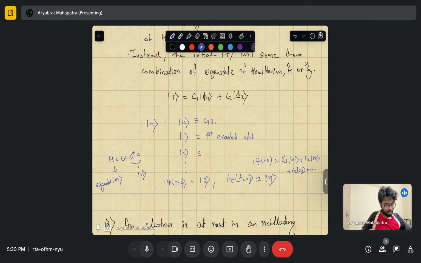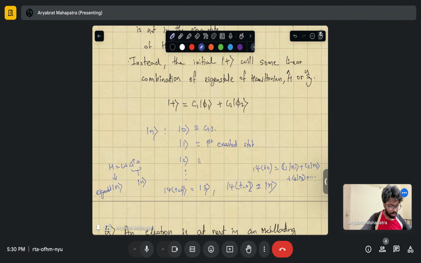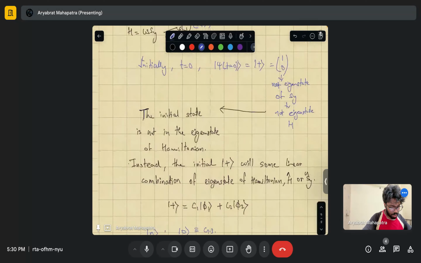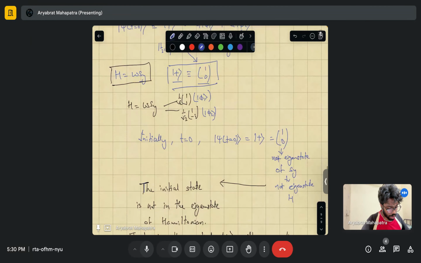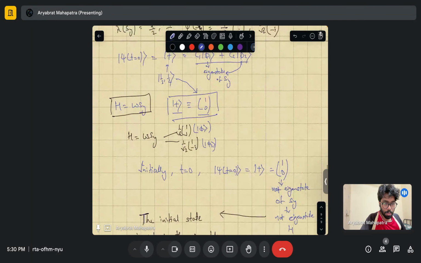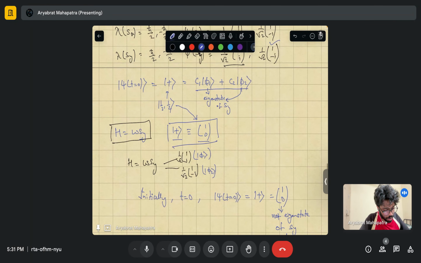The same way here also, if the initial state is not an eigenstate of your Hamiltonian, then it would be a linear combination of the eigenstates of the Hamiltonian. That is why I am writing this plus as some combination of eigenstates of Sy, that is, the Hamiltonian. So did you get it, or still not clear?